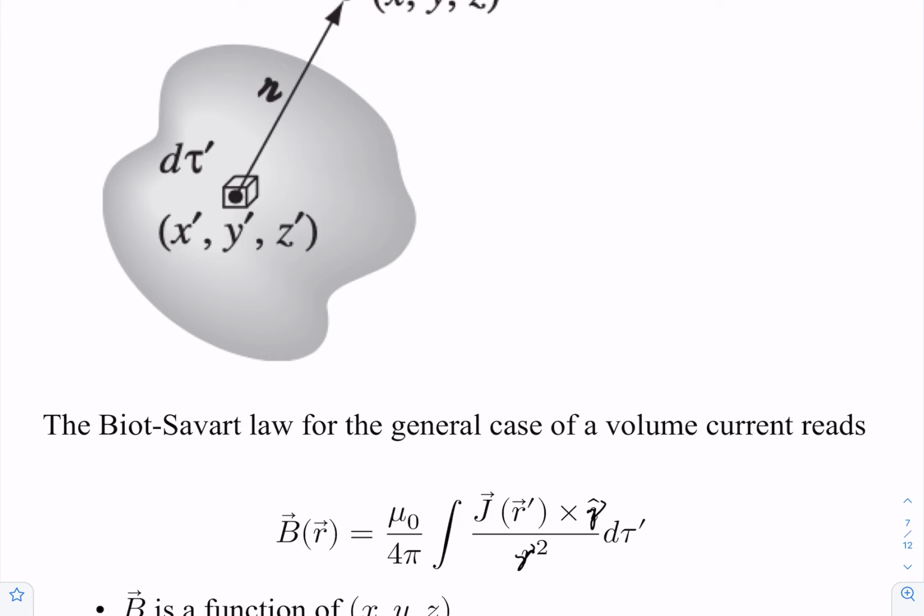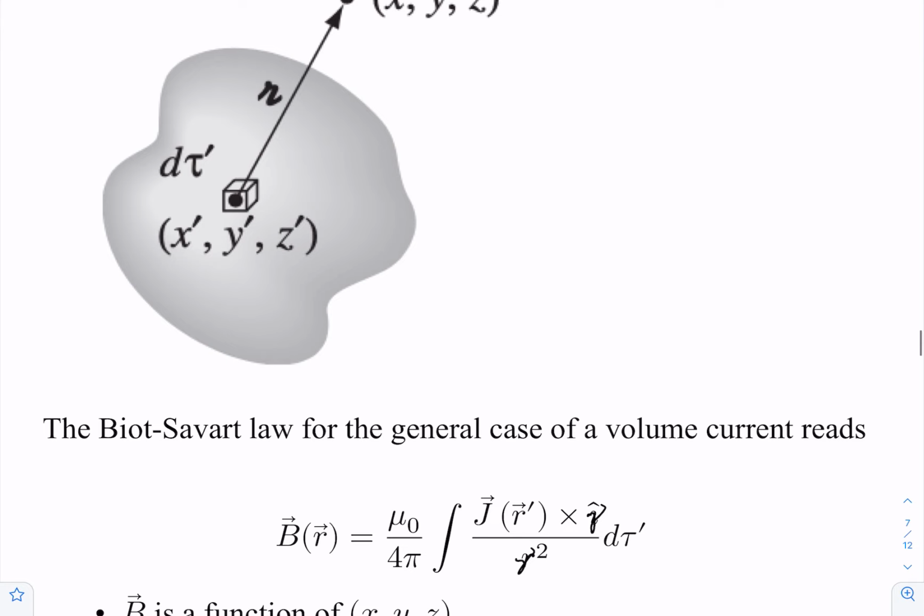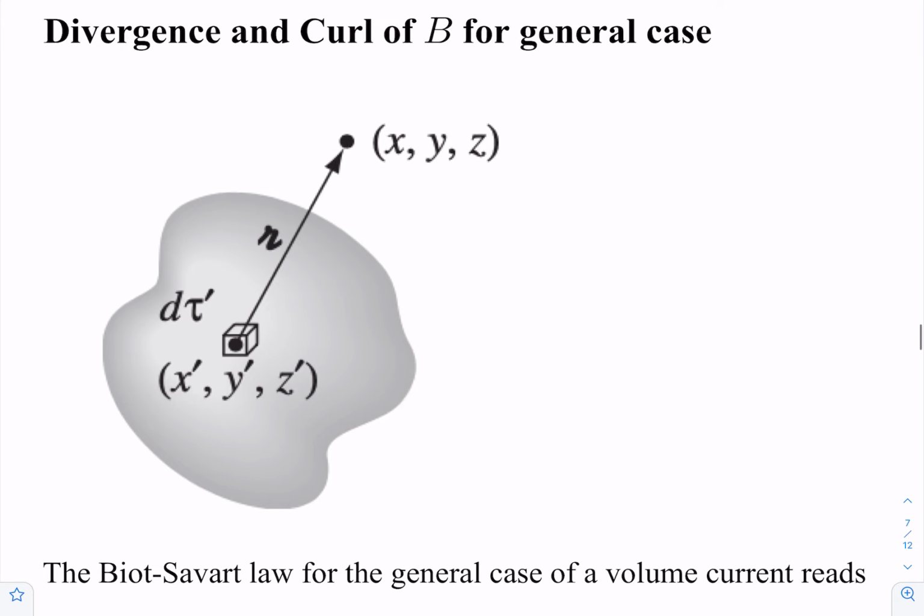So here the B field is an integration, or superposition, of all this volume current. And now let's be very careful about the r and r prime, because we want to find out the divergence and the curl of the B field, B of r.